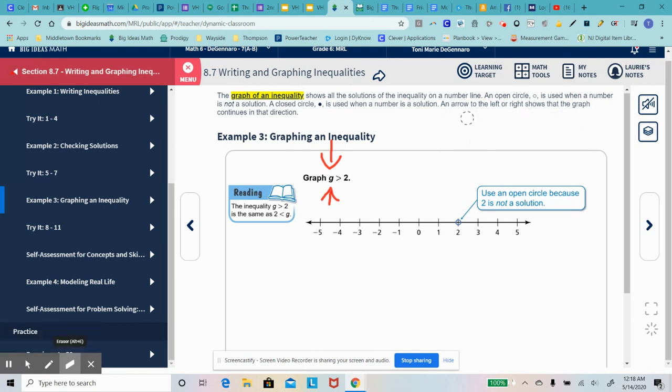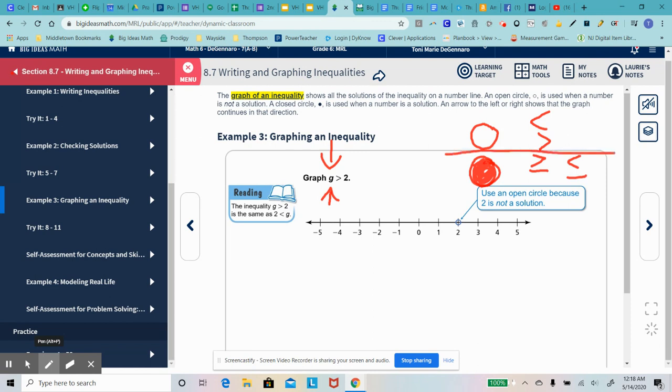Okay, so here are the signs that you need to know. You need to know an open circle and a closed circle. So an open circle can represent less than or greater than. Okay, a closed circle means it can be greater than or equal to, or less than or equal to.